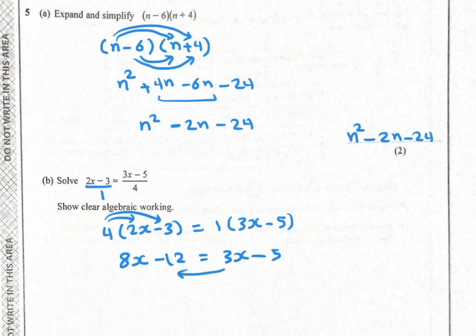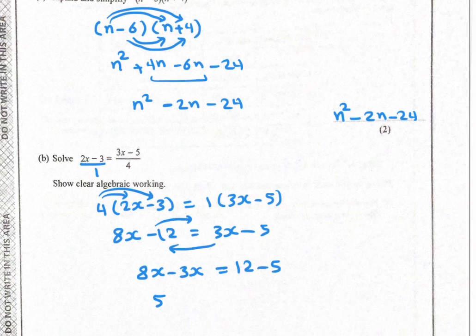Now transpose 3x to the other side, so 8x minus 3x, and transpose negative 12 to the other side as positive, so 12 minus 5. So 5x equals 7, divide by 5. So x equals 7 over 5, or 1.4.